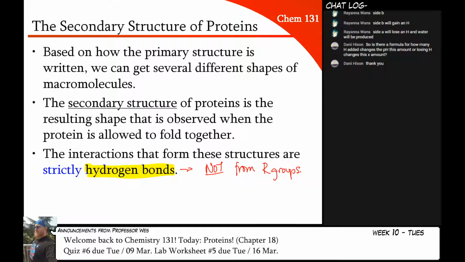These hydrogen bonds would come from the amine, the NH, and then the C double bond O, that O. We're going to point the NH towards the double bonded O on a different residue. And that will make a hydrogen bonding interaction. If we get enough of those together in close proximity, we can hold stuff together pretty tightly.